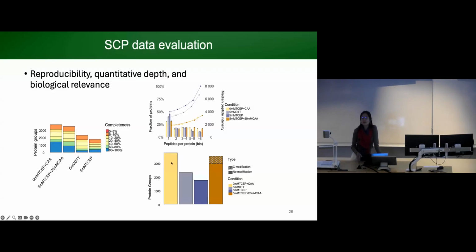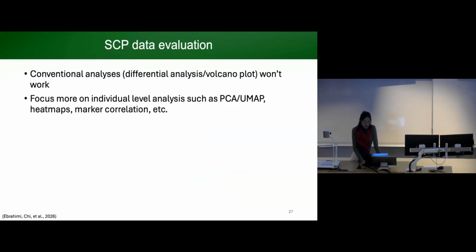So the number really is not what we should be looking at now. Instead, we should focus more on the actual biology, whether the protein you're interested in does require this step moving forward.